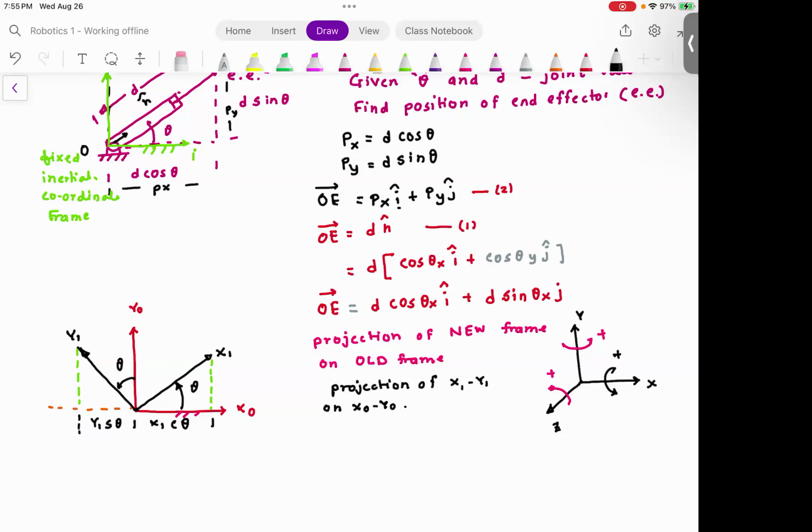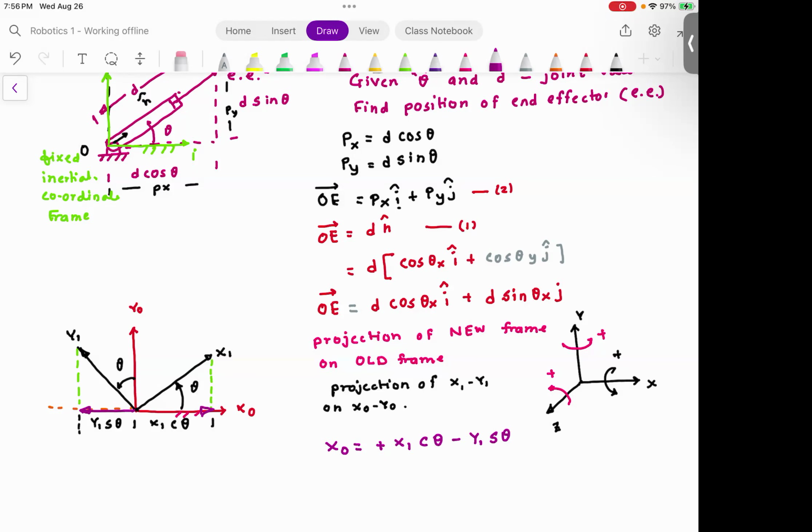Because this projection is going in this direction and this projection is going in this direction. So if I want to write this down, I can say x0 is equal to plus x1 cosine theta minus y1 sine theta. Do you agree with me? Everyone understood why y1 sine theta is negative? Because it is aligned with the negative x0 axis. This x1 cosine theta is aligned with the positive x0 axis.